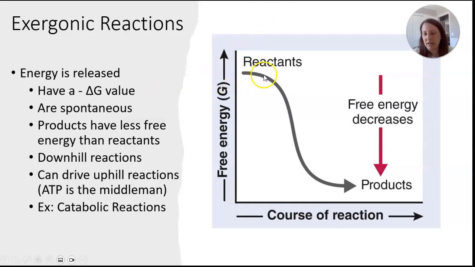You can see this line, we call it the downhill reaction. As the reaction proceeds and products are formed, products have a lower free energy. If we compare reactants and products, we say that the free energy has decreased. So that's a negative change in free energy, a negative delta G.